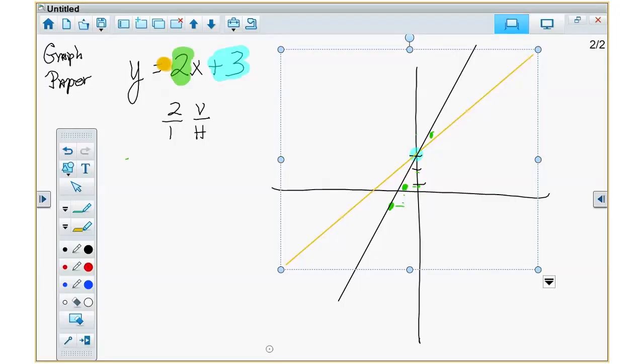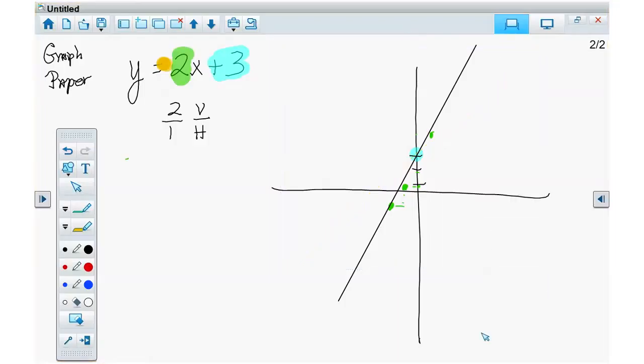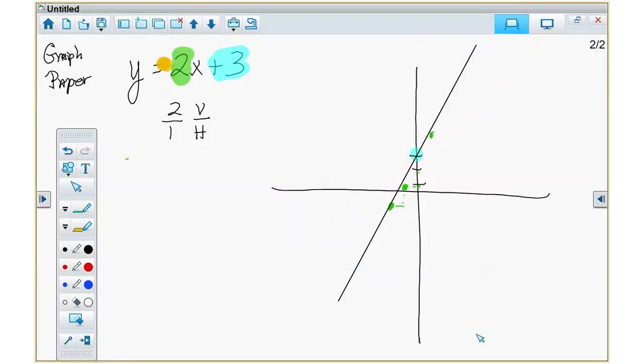Now, since I clicked on it, it should let me just erase the yellow. Will it? No, it'll probably erase the whole drawing. Wow, I don't believe it. Is that right? Yeah. That's it. That's how you draw using the slope and y-intercept.